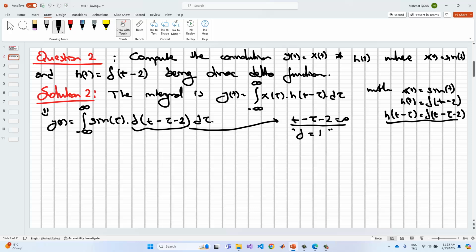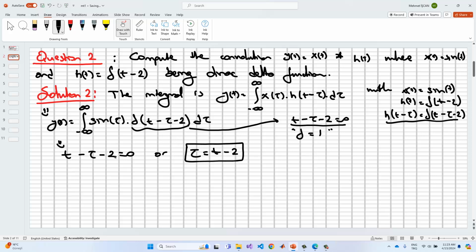This is an instant value, so we don't need to compute the whole integral. After that, if t minus tau minus 2 equals 0, then tau equals t minus 2.